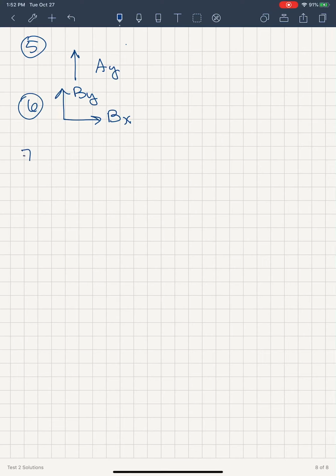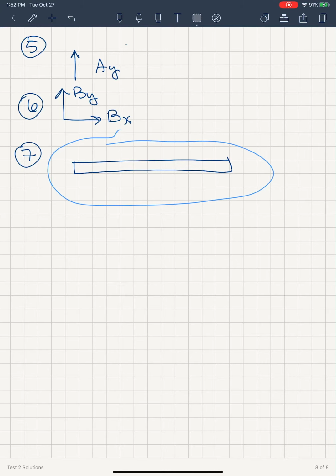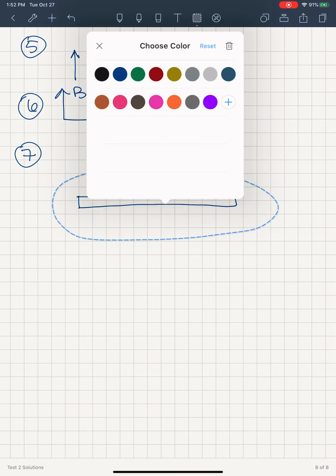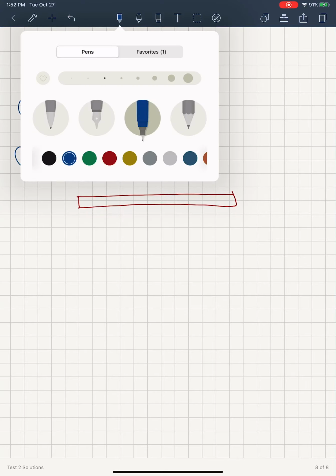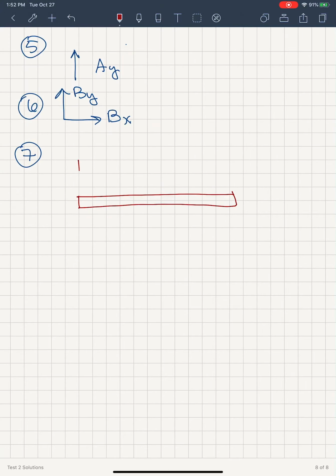So for this one, this question 7, basically we've got this distributed load. I just broke it down into 2 areas. So we have, all the way across at 600 newtons per meter, we have a force.